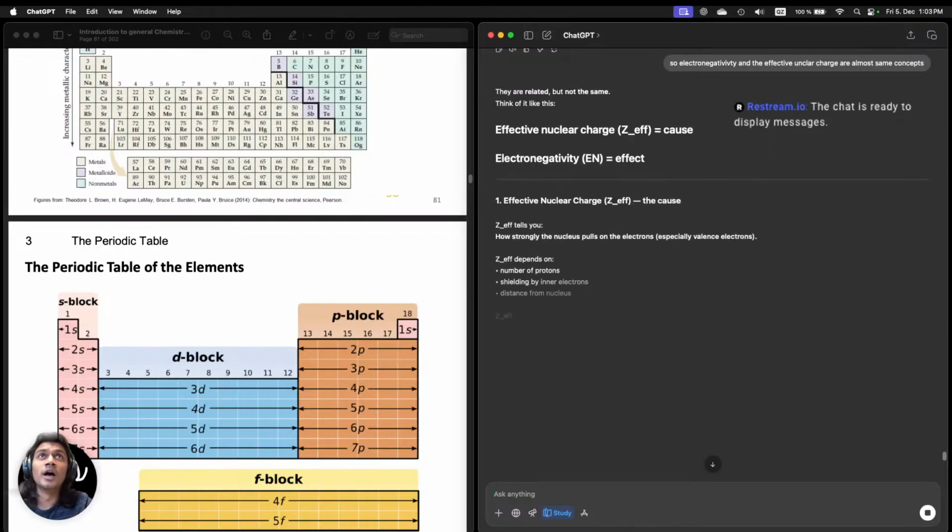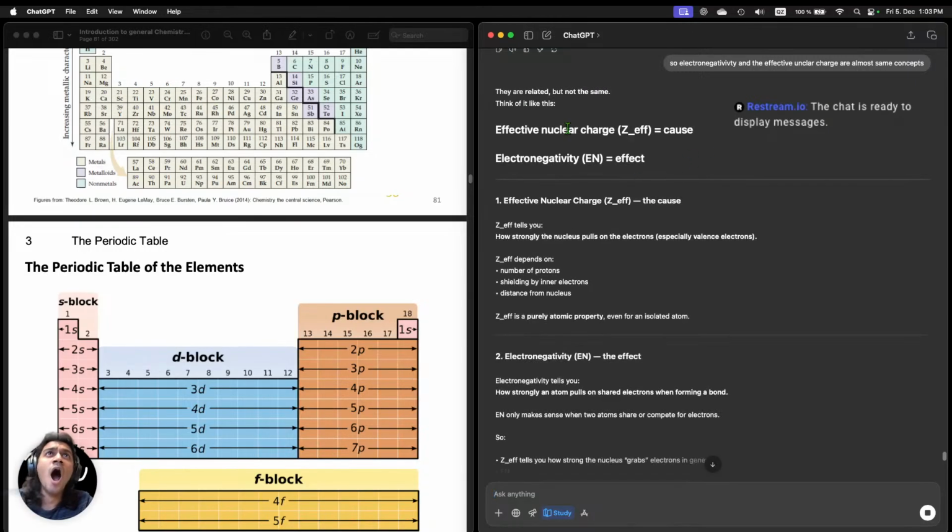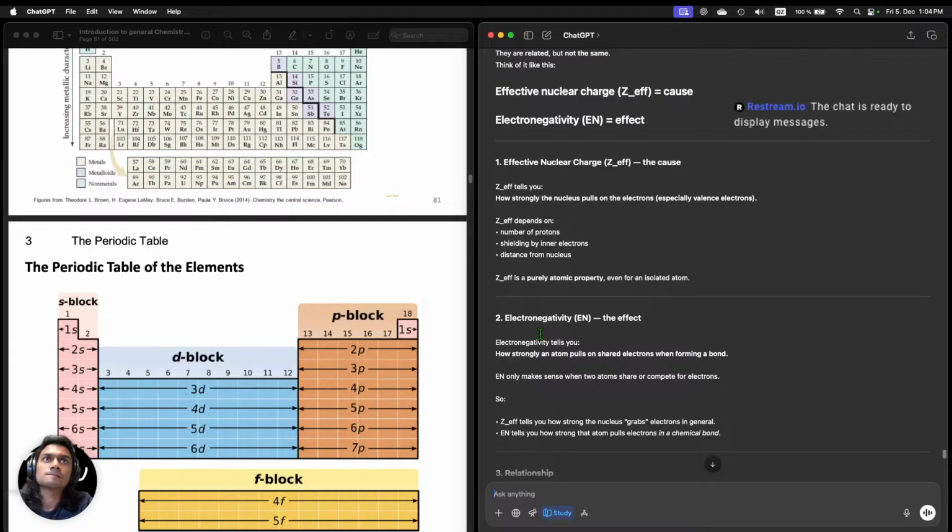They're related but not the same. Effective nuclear charge is how strongly a nucleus pulls an electron, especially valence electrons. Electronegativity is how strongly an atom will share electrons when forming a bond.